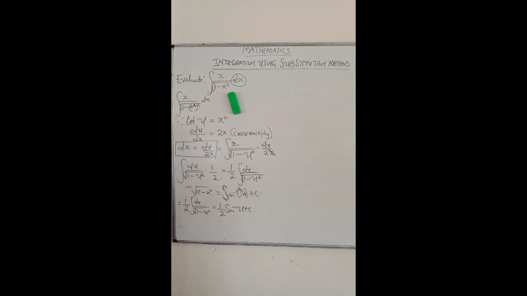Now, if you differentiate arcsine, those of you that are following my video can see that you are going to have something like this. That's why we say integration is simply the reverse of differentiation. If you differentiate arcsine in differentiation, you are going to have this.